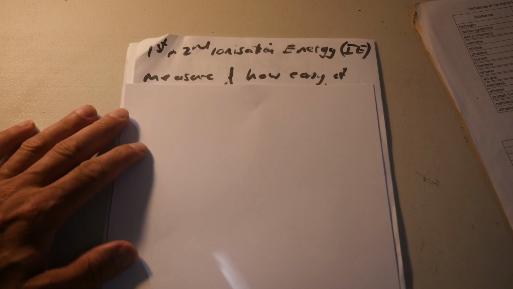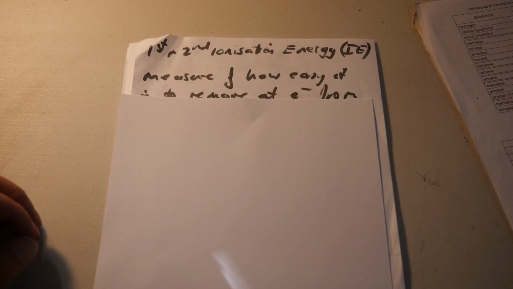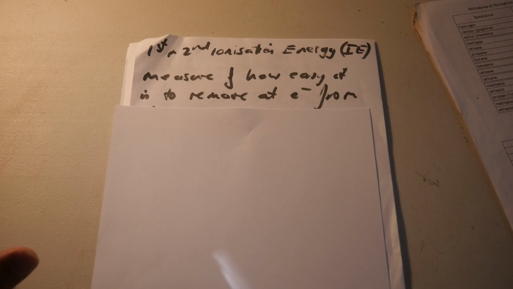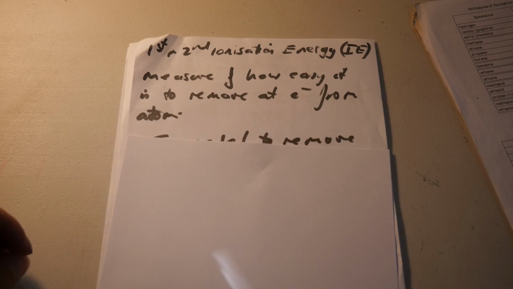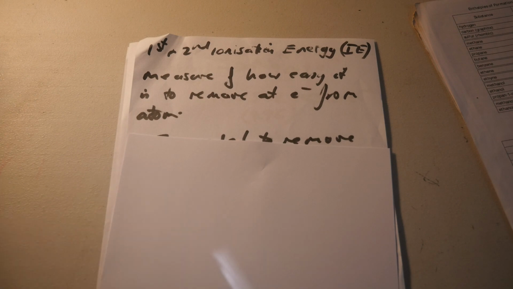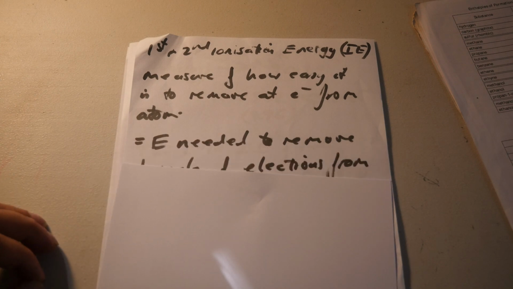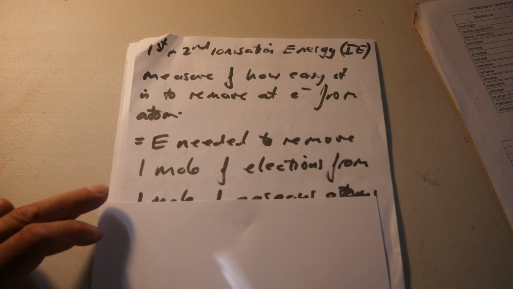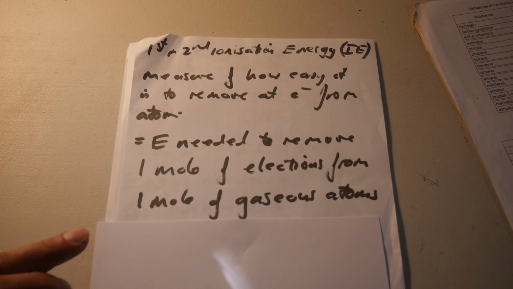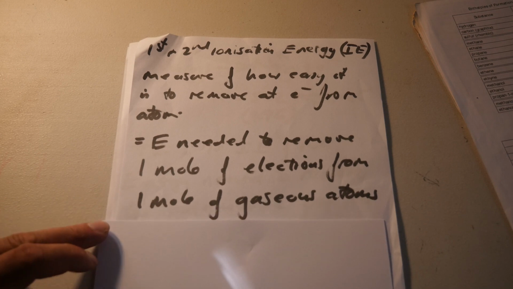Anyway, ionization energy is a measure of how easy it is to remove an electron from an atom. So basically it's how easy is it to pull an electron off an atom. That's what it's measuring. It's the energy needed to remove 1 mole of electrons from 1 mole of gaseous atoms.